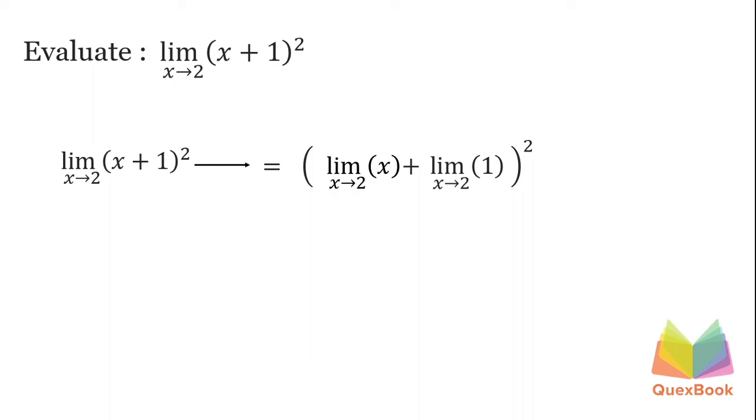Evaluating the limit of x as x approaches 2, we will have 2. And evaluating the limit of 1 as x approaches 2 is 1. Adding up 2 and 1, we'll be having 3. Now applying the exponent, we have 3 squared, which is 9. Therefore, the limit for this function is 9.